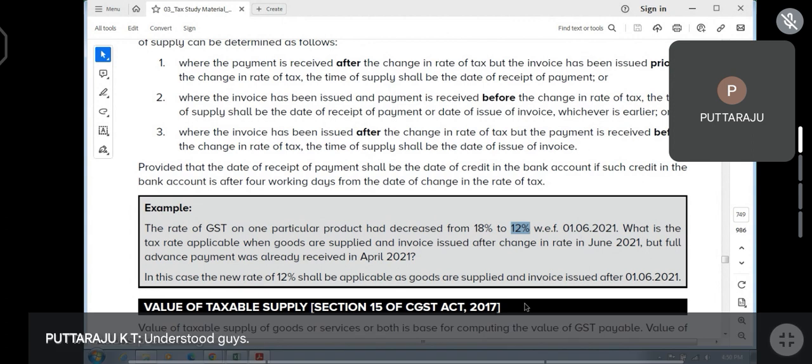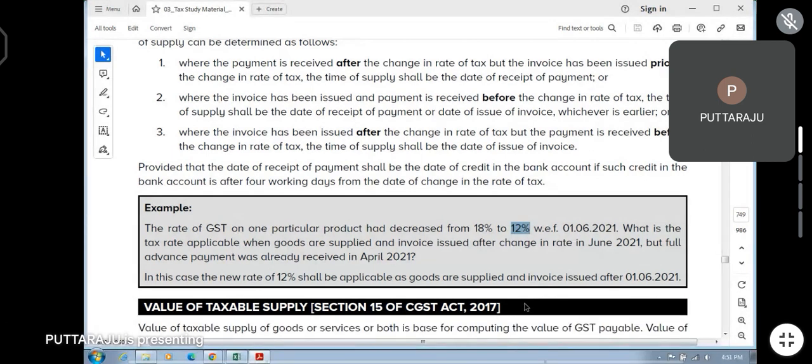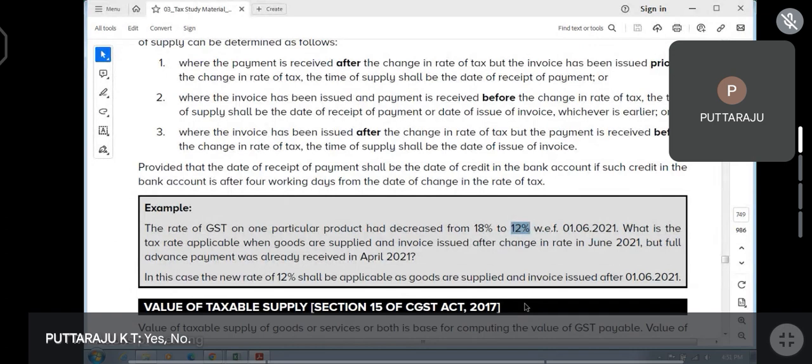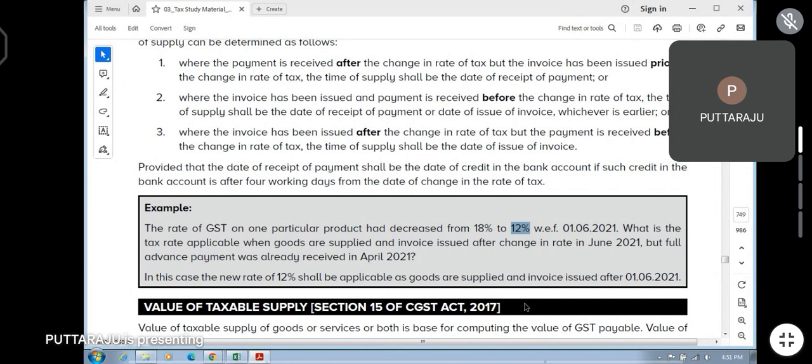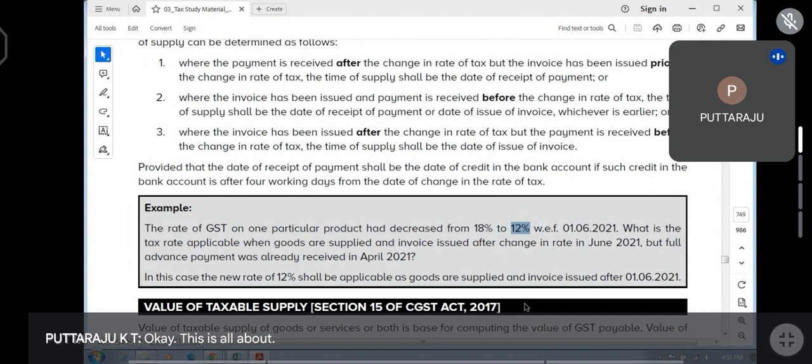Understood, guys? Yes, no. Okay. This is all about time of supply.